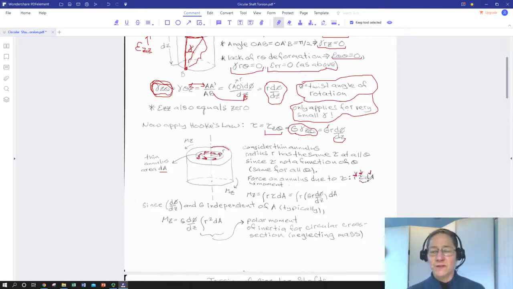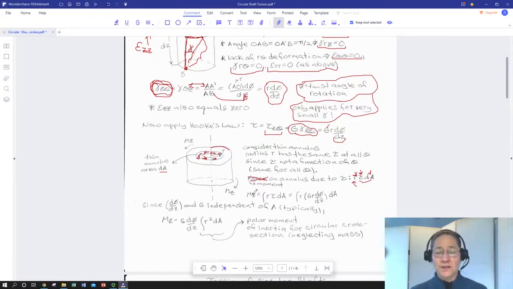The force part of it is tau dA, and we turn that into a moment by multiplying by the radius at which that area happens to be sitting. So this is the moment. I shouldn't say force, I should just say moment, because in this case we're worried about moment, not force. We're not sliding something, we're twisting it. So r tau dA is the moment if we add it up over the whole dA.